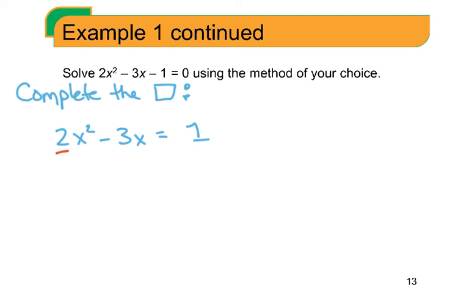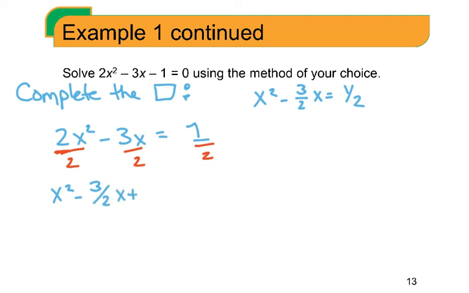Now, we mustn't have a coefficient of 2 here, so I have to divide everything by 2. So really, I have x squared minus 3 halves x equals 1 half. Okay? Now I need to complete the square. I'm going to add something to both sides so I get a perfect square over here.